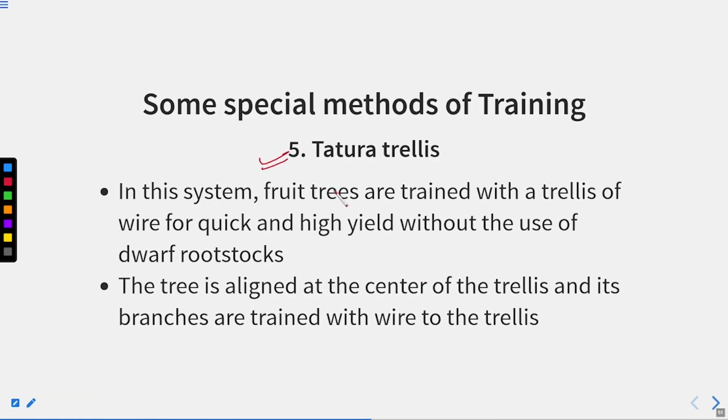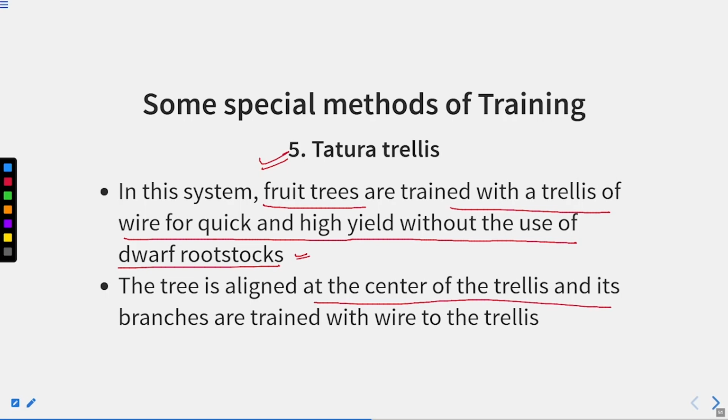Tatura trellis. In this system, fruit trees are trained with the trellis of a wire for a quick and high yield without the use of dwarf rootstock. The tree is aligned at the center of the trellis and its branches are trained with the wire to the trellis. So different wires are used and tied with the different branches, right?